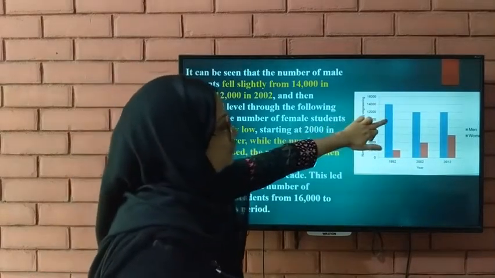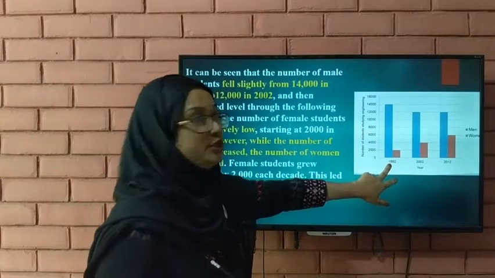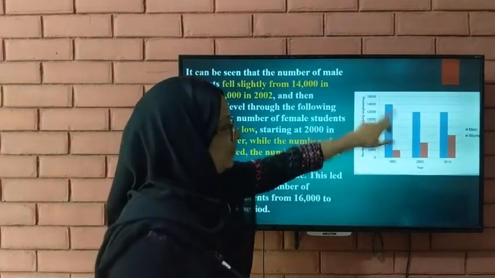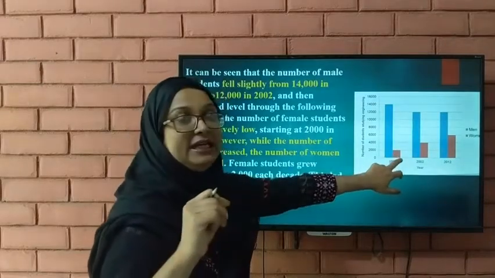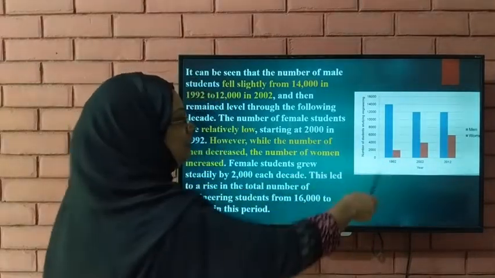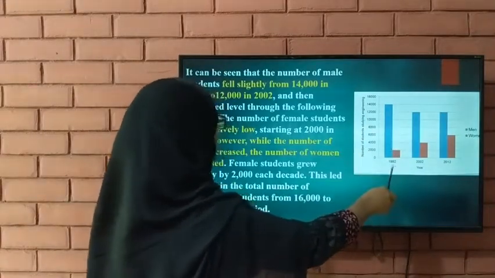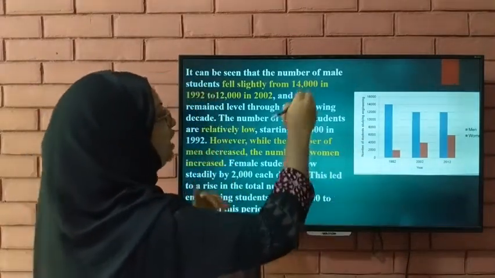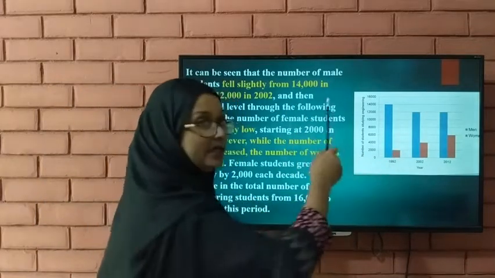So comparatively যদি আমরা মেনের দিকে তাকাই, পুরুষ ছিল 1992 সালে কতজন? 14,000, but it was only 2,000 for women in 1992. রেশিওটা অনেক কম ছিল, comparatively low ছিল. স্টার্টিং অ্যাট 2,000.